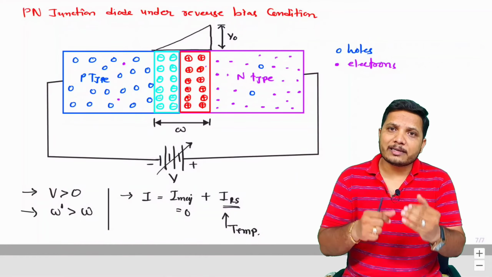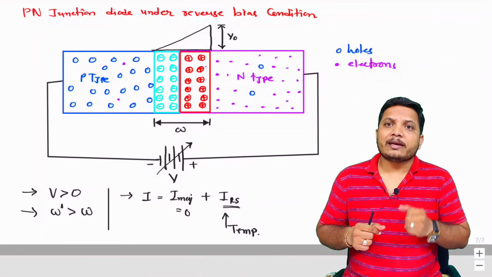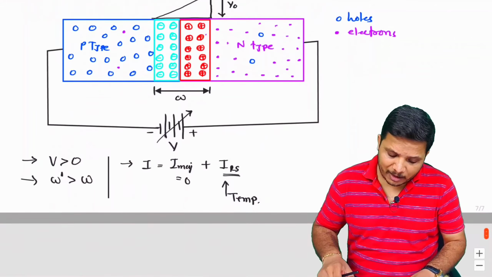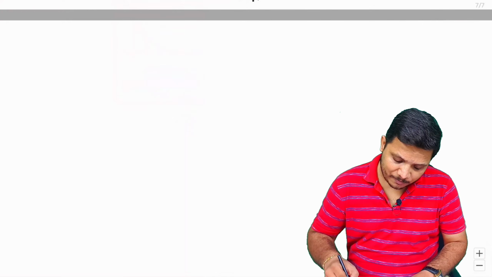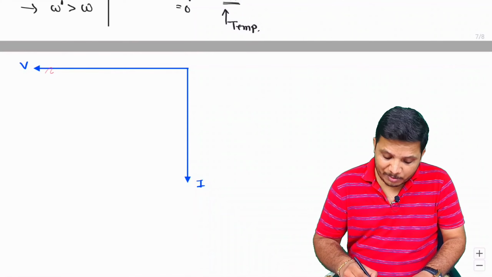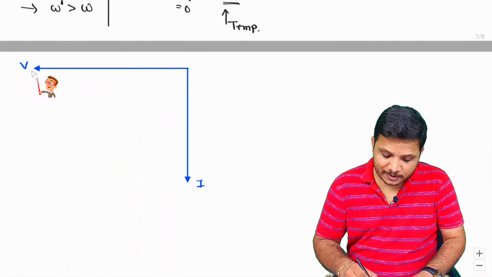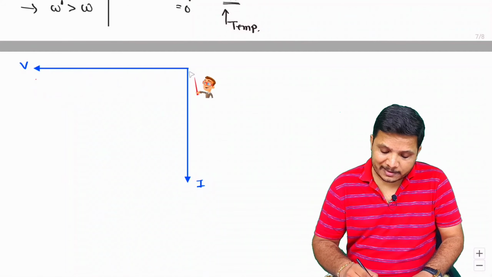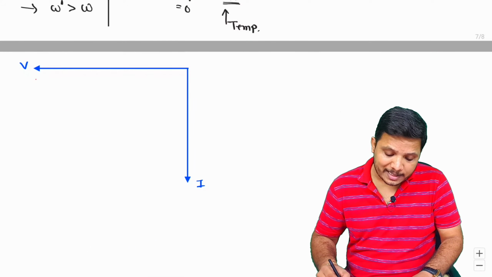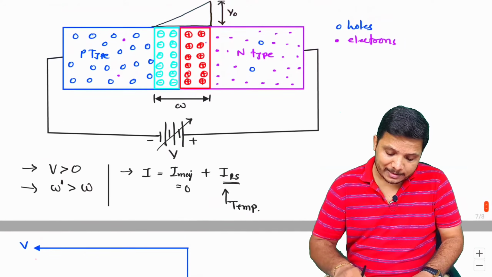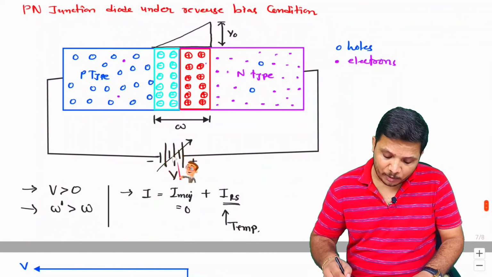Let us try to understand that in the characteristics. I am now showing the reverse bias characteristics of the PN junction diode. You will observe that the characteristics of reverse bias are in the third quadrant. Why is it in the third quadrant? The reason is that voltage is negative.